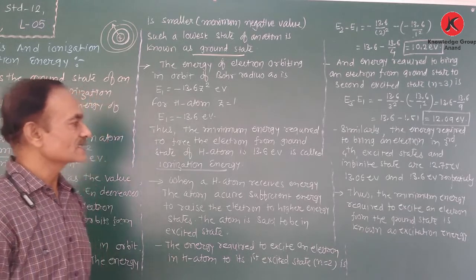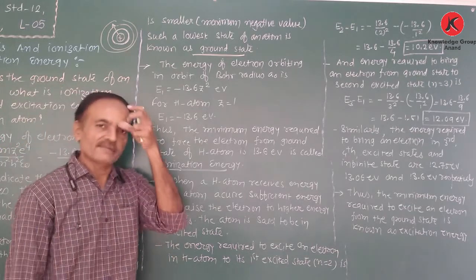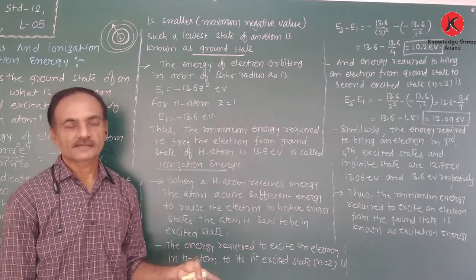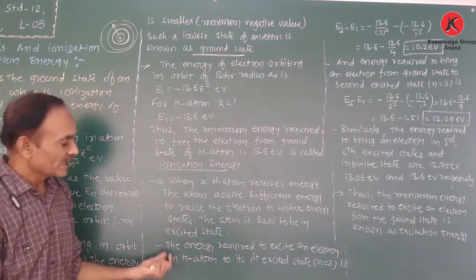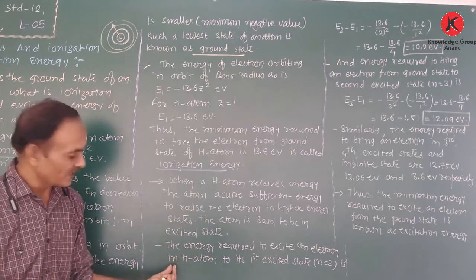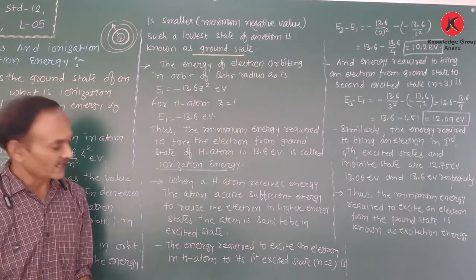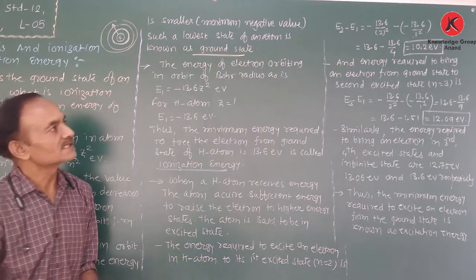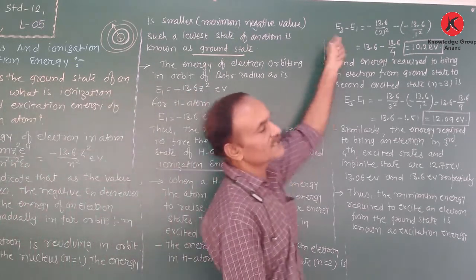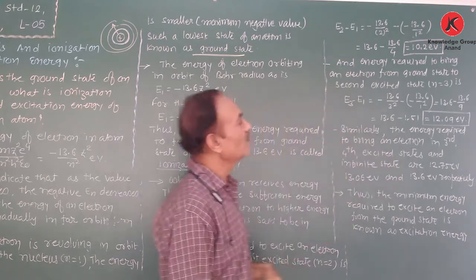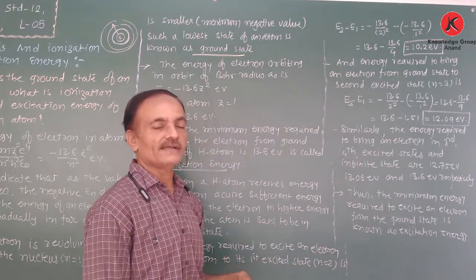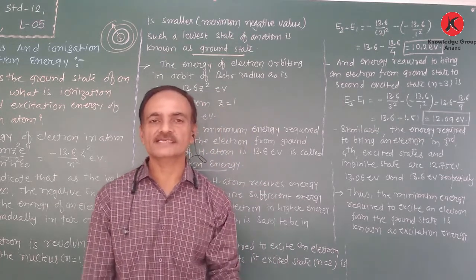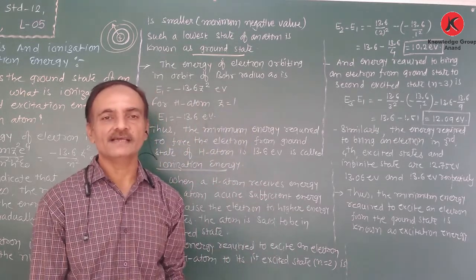Now here we are going to discuss how the electron makes the transition from the ground state to other energy levels. For that purpose, the energy required to excite an electron in the H atom to its first excited state, n equal to 2, is the energy difference between these two states, E2 minus E1. Already we know that the energy of an electron in the nth orbit is minus 13.6 upon n square into Z square.